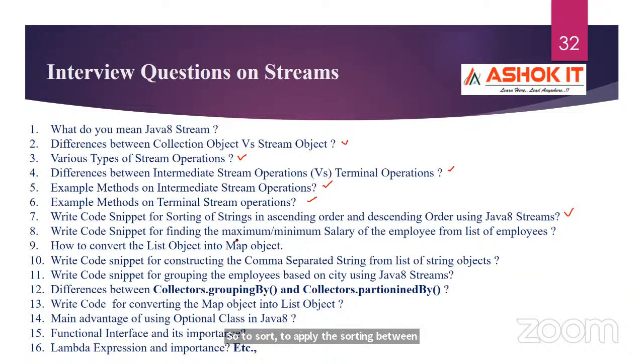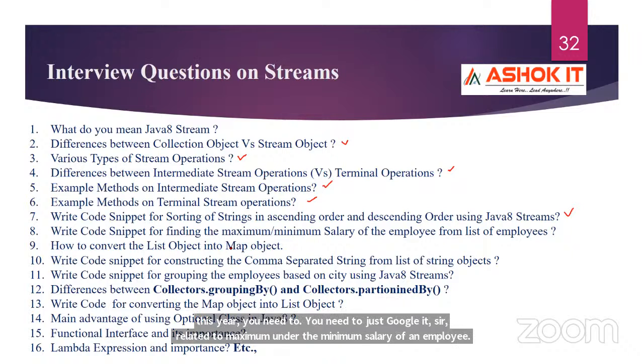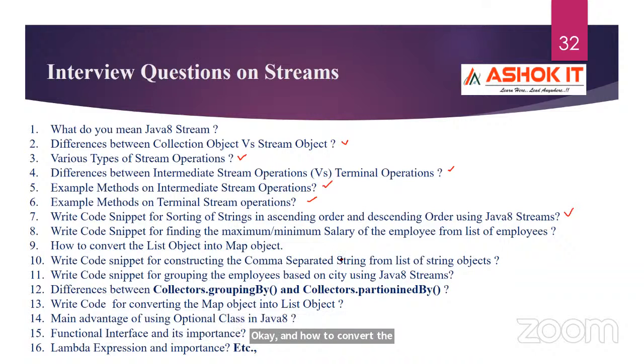You need to just Google the maximum and minimum salary of an employee. And how to convert a list into a map object, and how to write a code snippet for constructing a comma separated string from a list, which we have discussed here. Grouping we did not discuss, sir. These are some of the important interview questions related to Java 8.